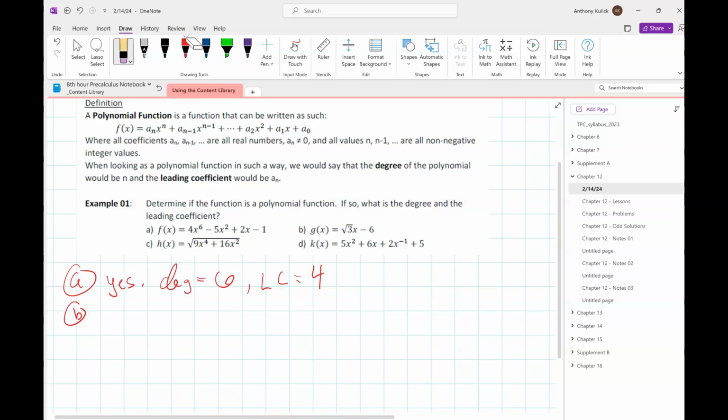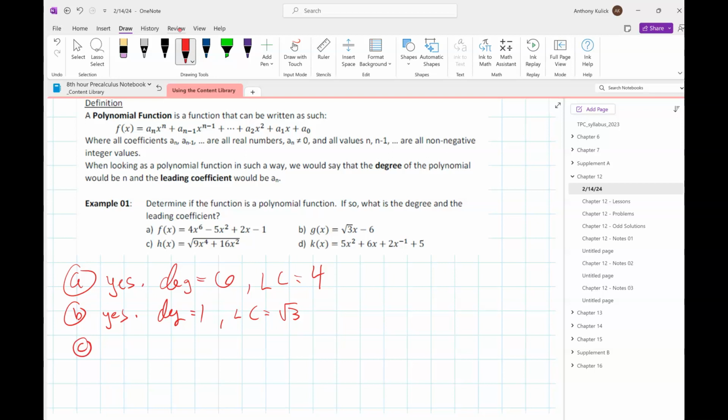But the way it's written, that is a polynomial. What's the degree then? 1. Where'd you get the 1 from? It's x to the first, right? Awesome. And then the leading coefficient then is? Good.